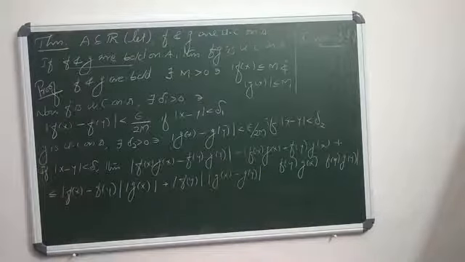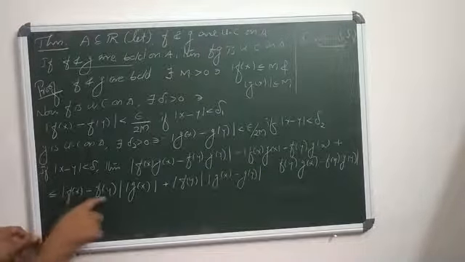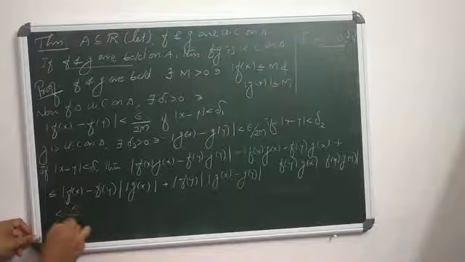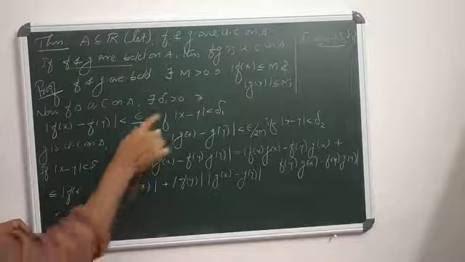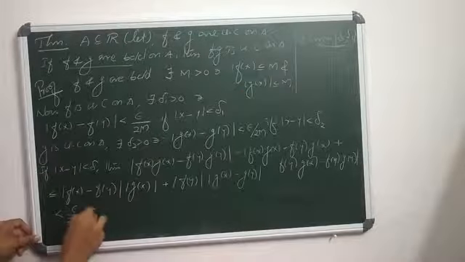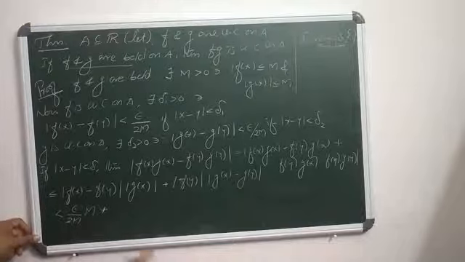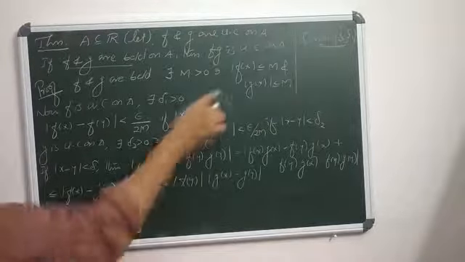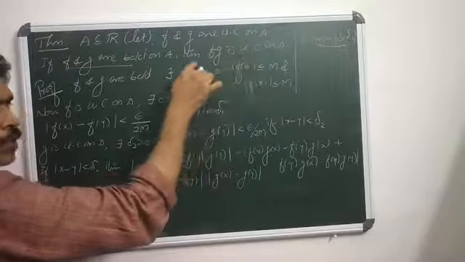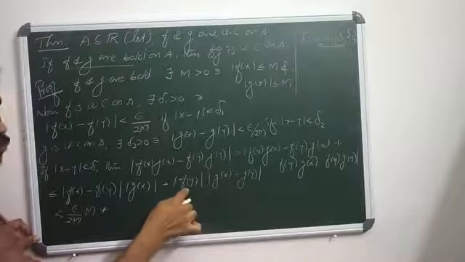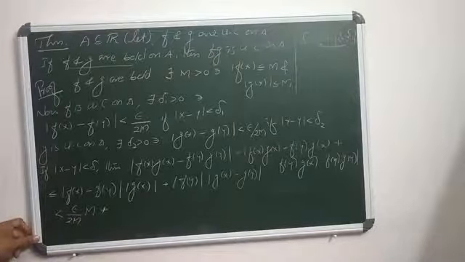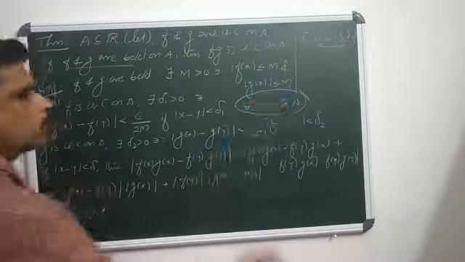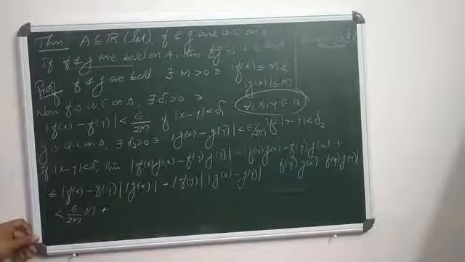But modulus of f of x minus f of y is strictly less than epsilon by 2M, so the first term is strictly less than epsilon by 2M into modulus of g of x. But modulus of g of x is less than or equal to M. Plus modulus of f of y is less than or equal to M for all points in A, because x and y are chosen from the same domain A itself.